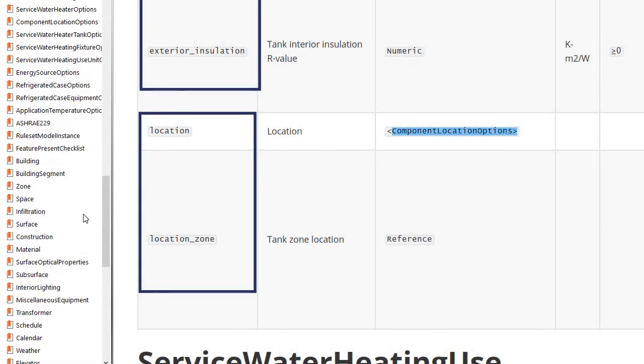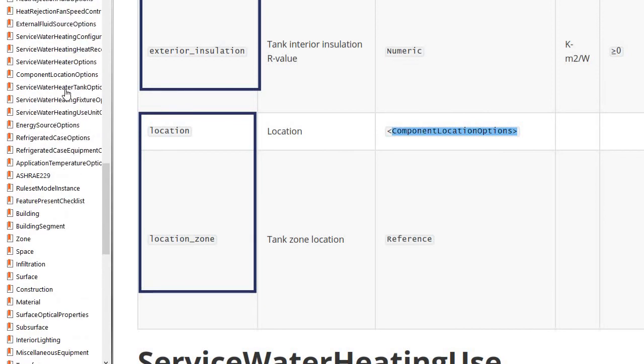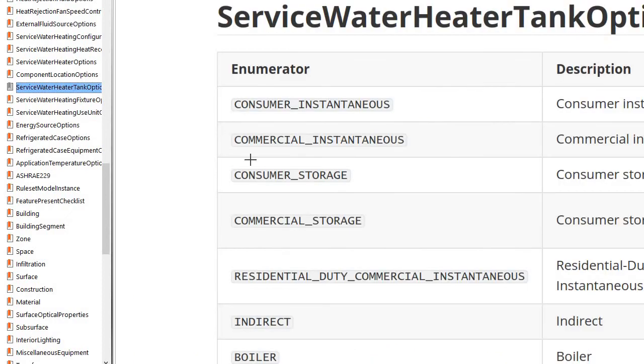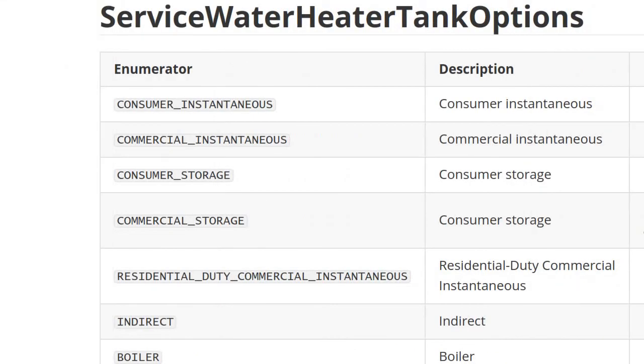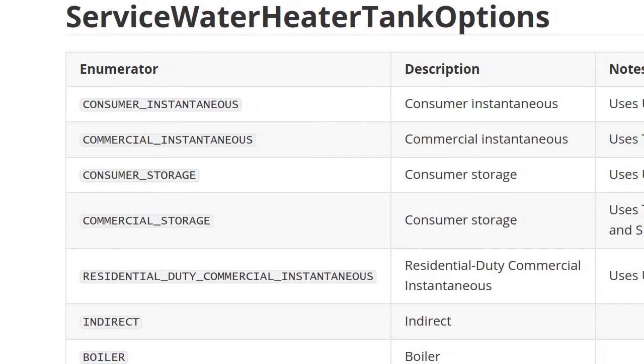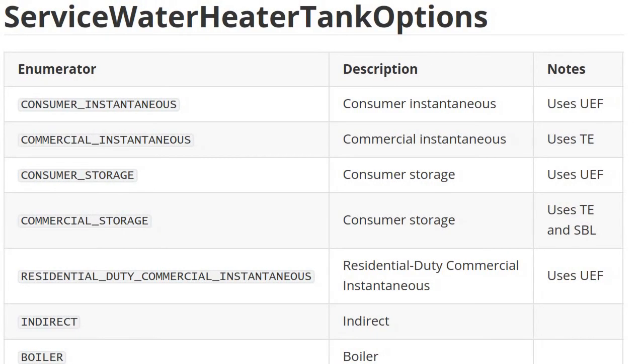So the first one was service water heating tank options. So these are categories for the type of tank, as well as notes as to what metric is used for each of these categories.